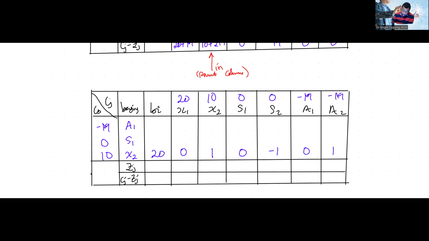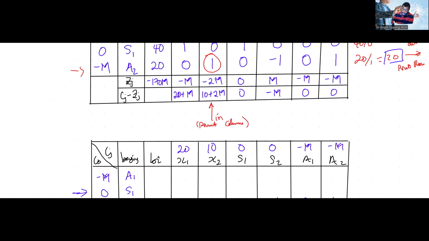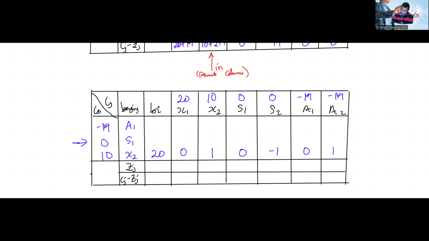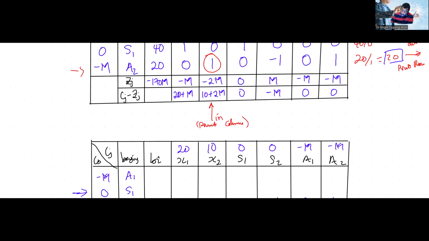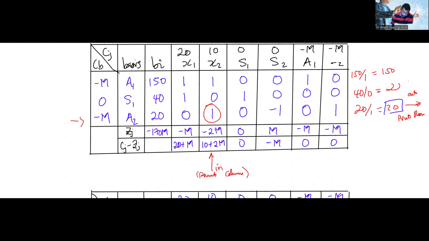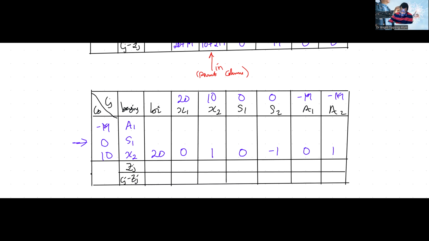For us to complete the second constraint, we use the old number minus the corresponding pivot-column number, which is 0, times the new number, which is 20. Because the corresponding number is 0, everything will also stay the same.